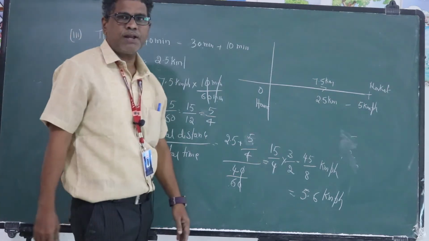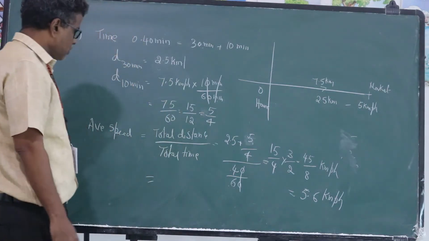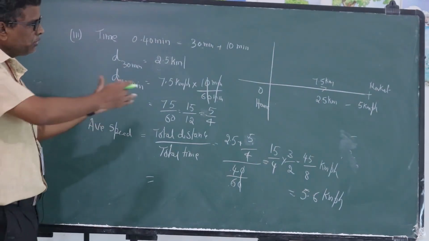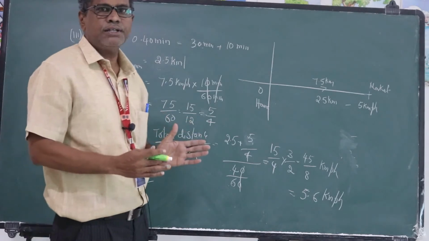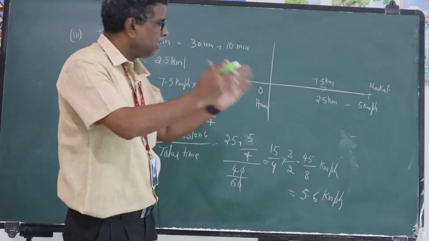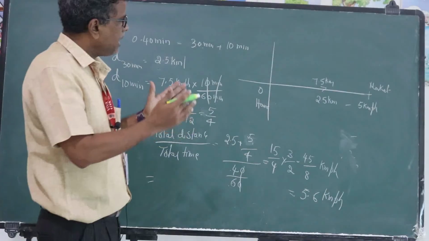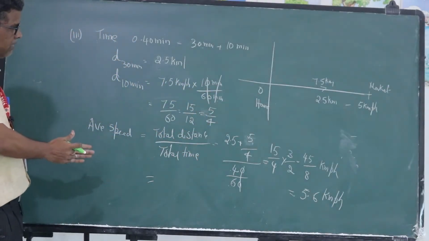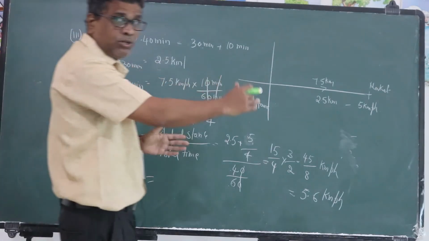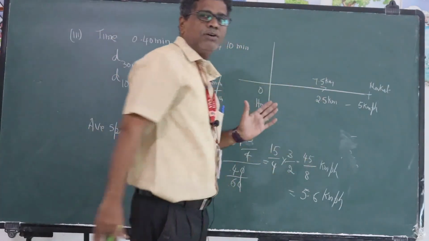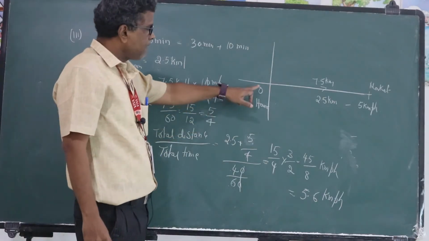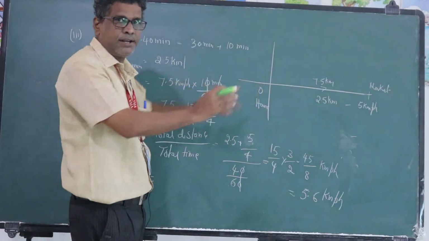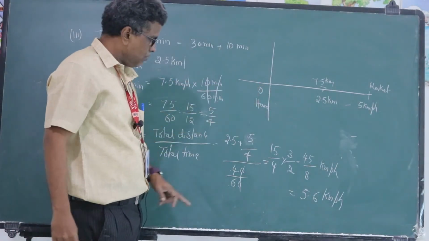So from this problem, what can we conclude? From 0 to 30 minutes, the average speed and average velocity are both the same. But for the total journey, the average velocity is 0.